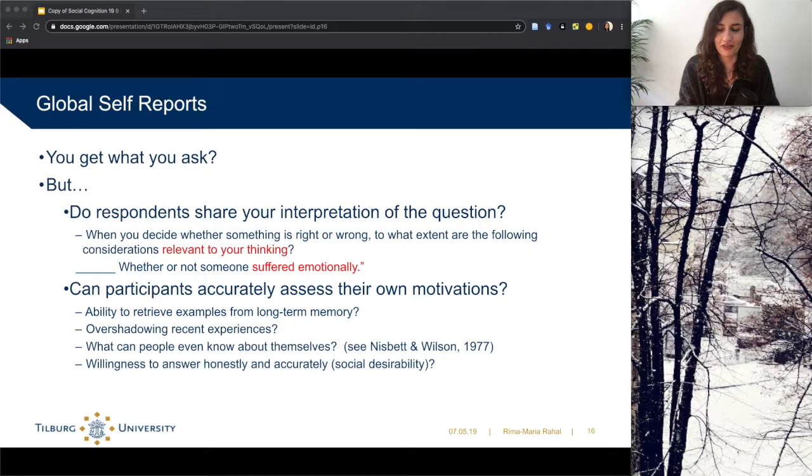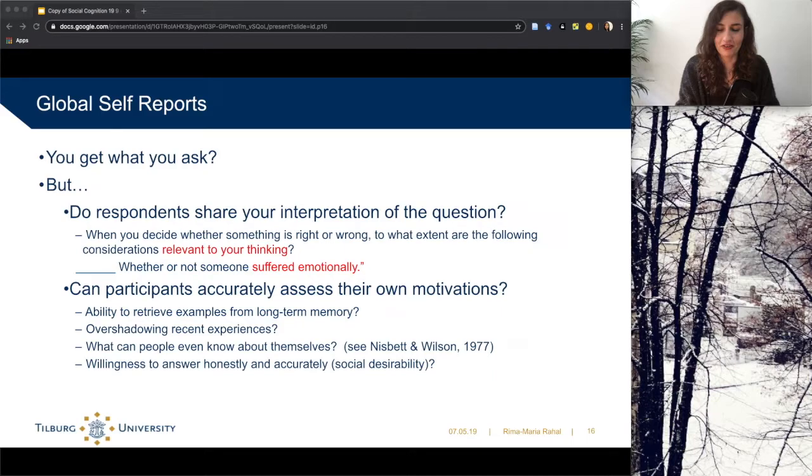And perhaps even more clearly, we could make an argument that it's difficult to zone in on the same interpretation when we go to the example item, whether or not someone suffered emotionally. What does it mean that someone suffered emotionally? Does it mean that someone gets upset? Does it mean that they cry?